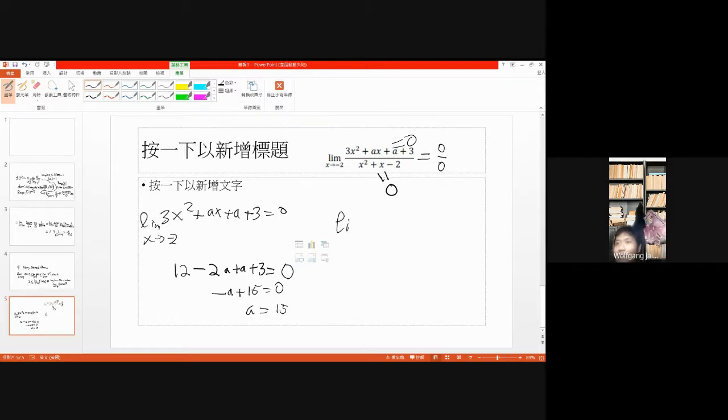So we substitute a equals 15. We have limit x to minus 2 of 3x squared plus 15x plus 18 over x squared plus x minus 2.